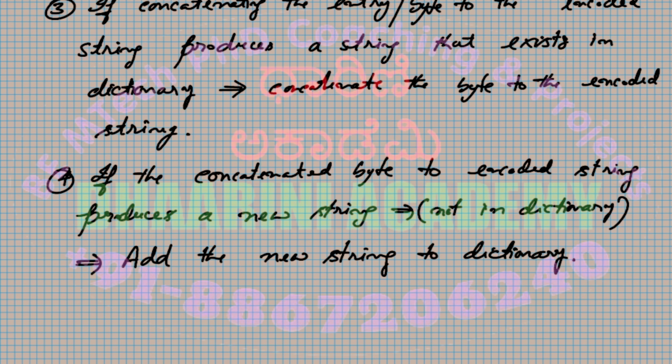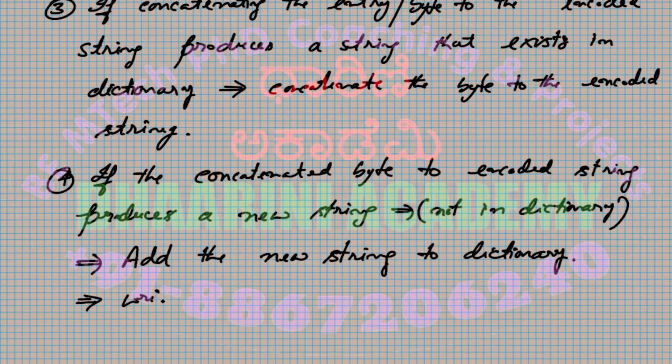Write the code for the encoded string as an output. Whatever code we write becomes an output string. In the sense, that's the encoded string. So this will be the next step inside step number 4.